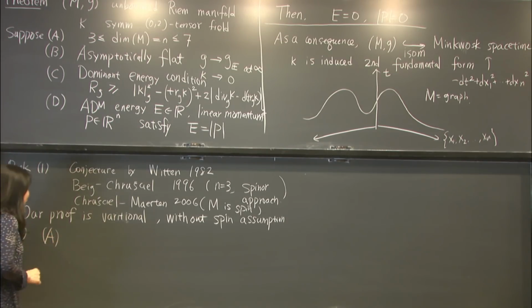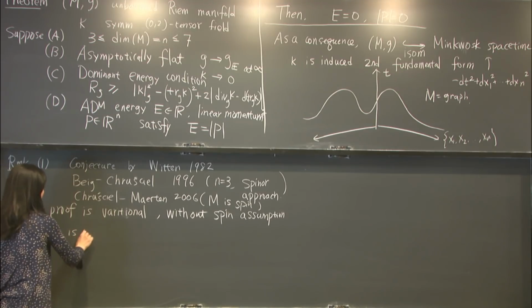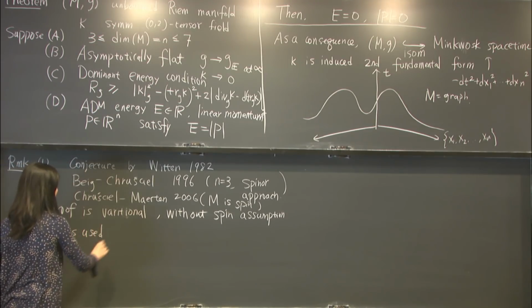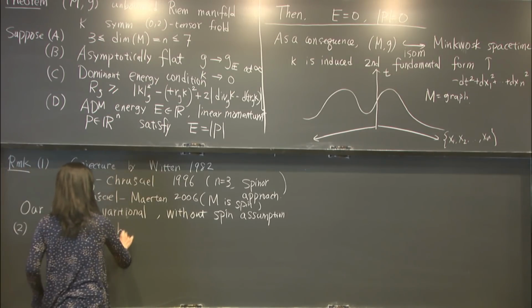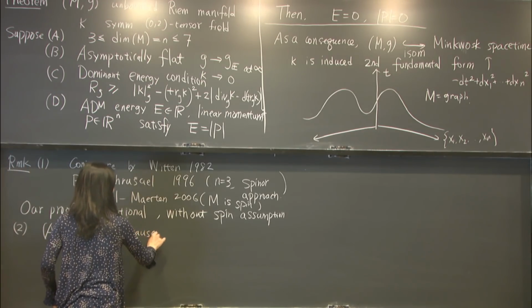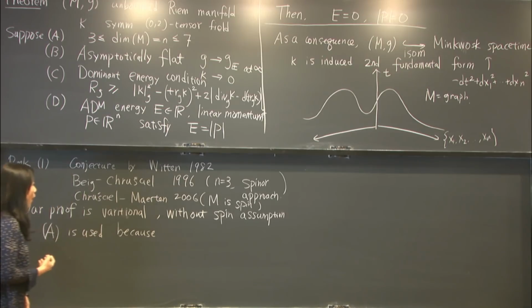So the assumption A is used because we need positivity of mass. So we set up a variational problem to show the positivity of mass, that the metric G and K with all those assumptions is a local minimizer.